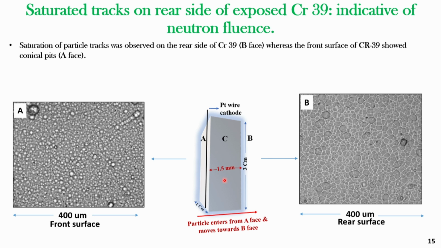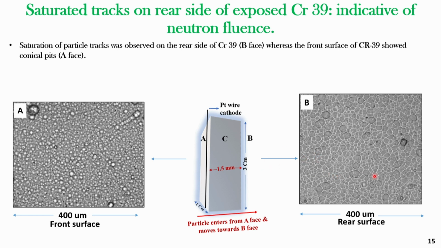Since these are solitary, single tracks, the tracks on the front surface could be because of protons, because they do not need that much energy. They can deposit their energy on the front surface, but it would be difficult for them to travel through the 1.5 mm width of CR39 and create tracks on the rear surface.